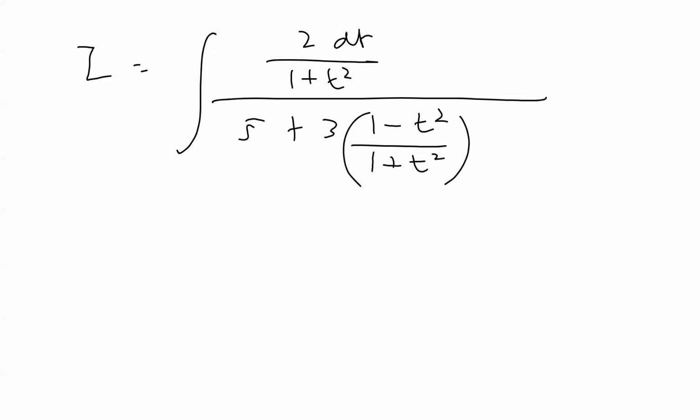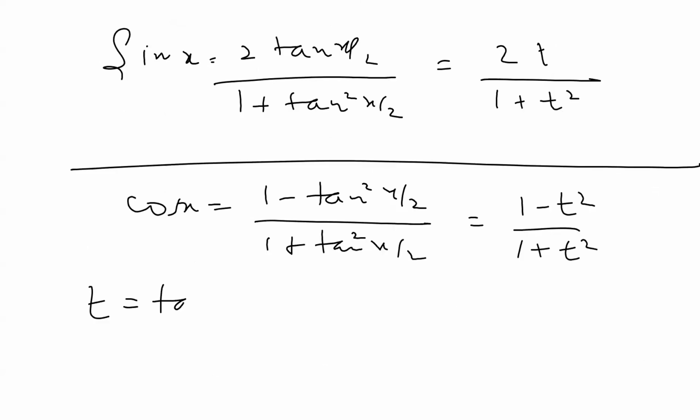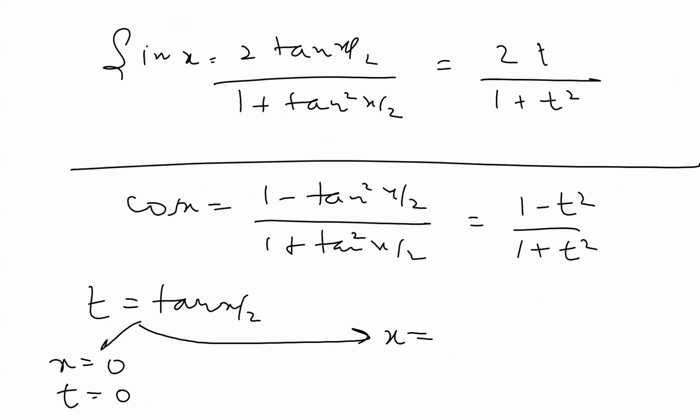We have to change the limit also. T is equal to tan x by 2. So when x is equal to 0, which is the current lower limit, tan 0 will be 0. And when x is equal to pi, tan pi by 2, tan 90 is not defined.